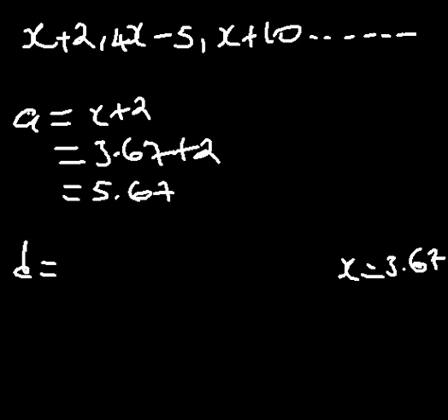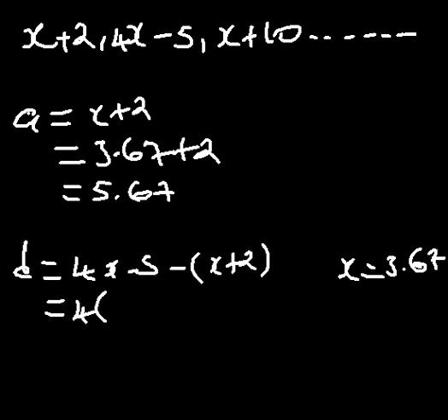And what is the common difference, of which we'll have this one minus this one? So that will be given as 4x minus 5 minus x plus 2, which is the same as 4 times 3.67 minus 5.67. So what is that one?